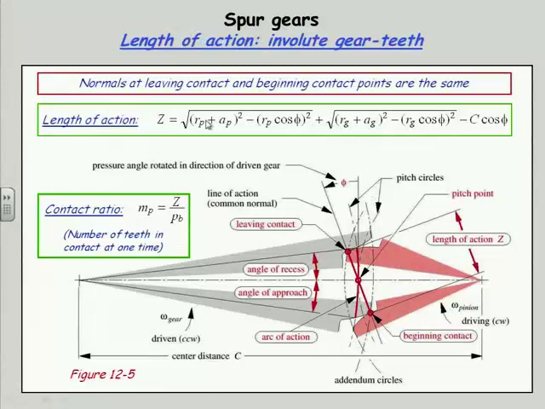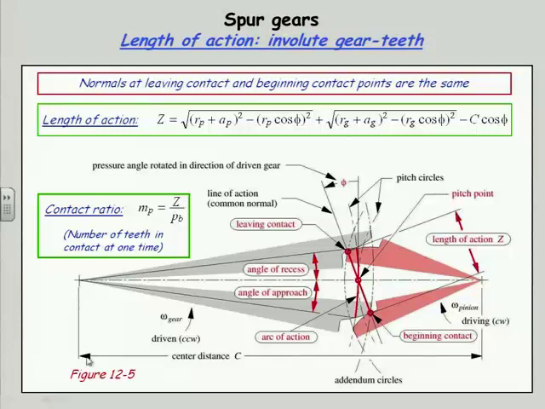And so I can calculate that length of action from this rather messy formula, which involves the pitch radius, RP, and the addendum of the pinion, and the pressure angle, and this is the radius of the gear, the addendum of the gear, and the pressure angle, which is the same for both, and some factor C, which has to be defined elsewhere.